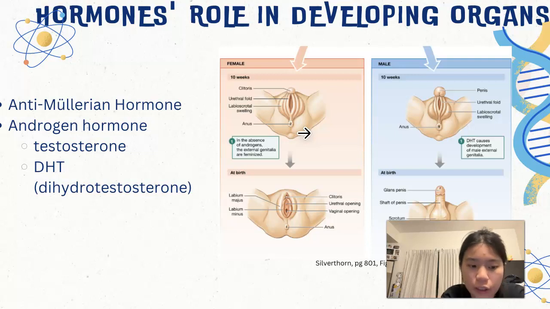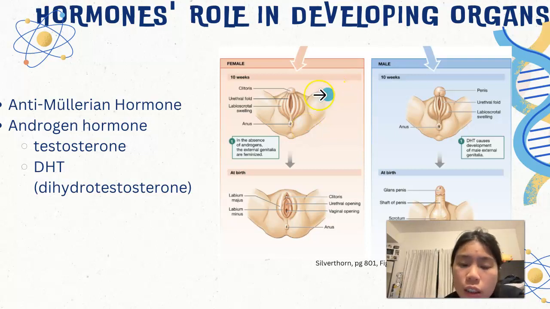So without the anti-Mullerian hormone, the Mullerian ducts develop into female structures, and those include the upper portion of the vagina, the uterus, and the fallopian tubes, and without testosterone, the Wolffian ducts degenerate, and without dihydrotestosterone, the external genitalia take on these female characteristics.